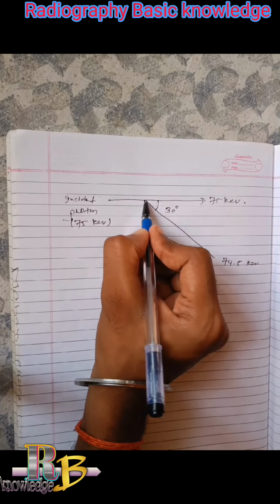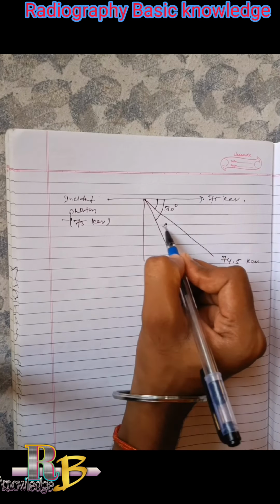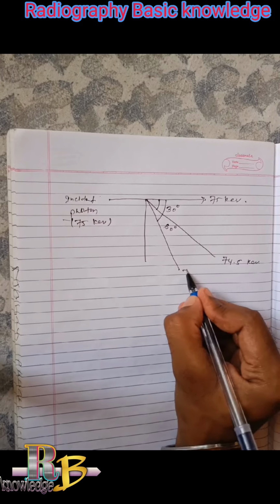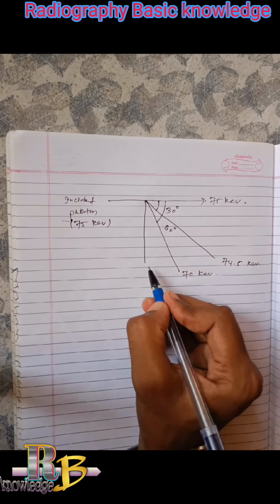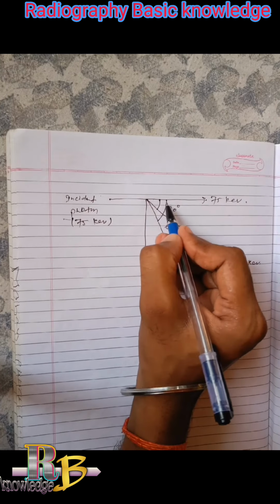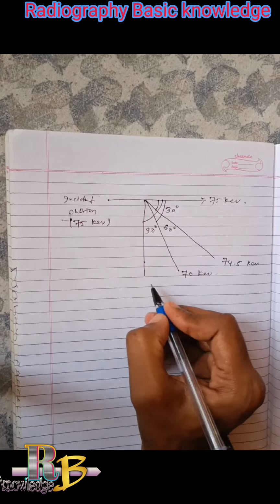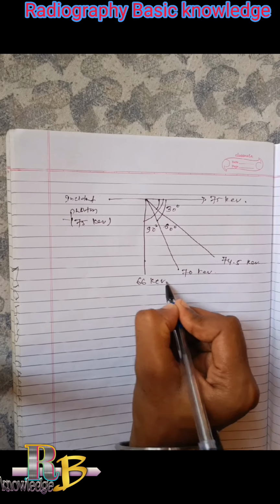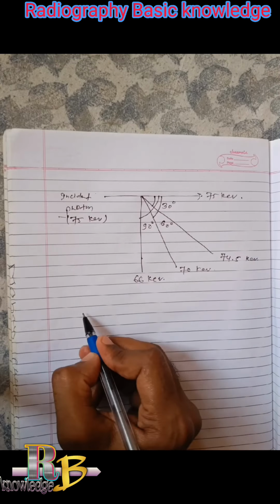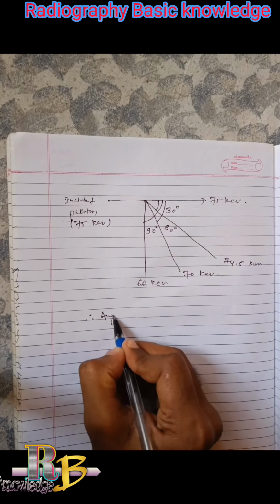When the angle increases to 60 degrees, the energy decreases, and when the angle is 90 degrees, the energy is down to about 16 kilo electron volts. So the relation varies in this example.